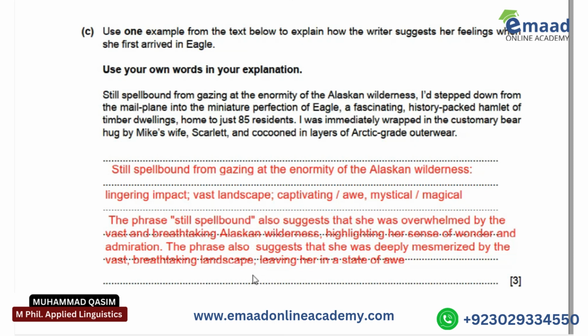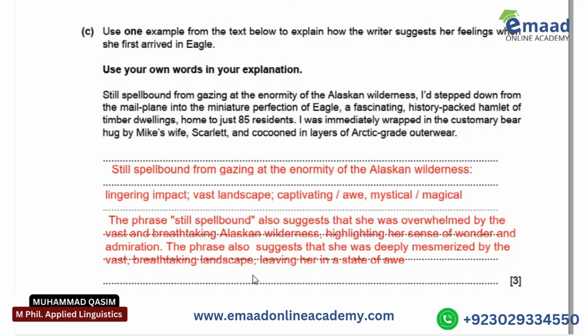This question is related to feelings, how the writer suggests the feelings of a character. In certain aspects it's related to the writer's use of language, and in the use of language we also learn how language is used to express the feelings, emotions, and attitudes of a character. "Use one example from the text below to explain how the writer suggests her feelings when she first arrived in Eagle."